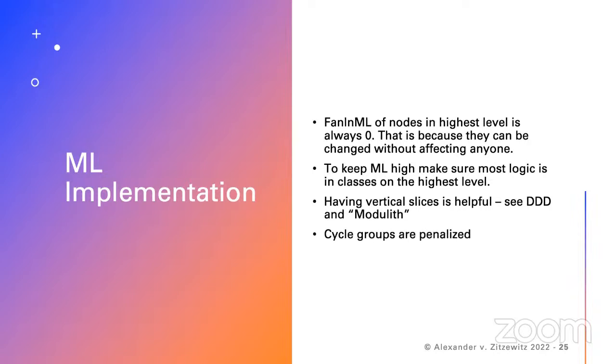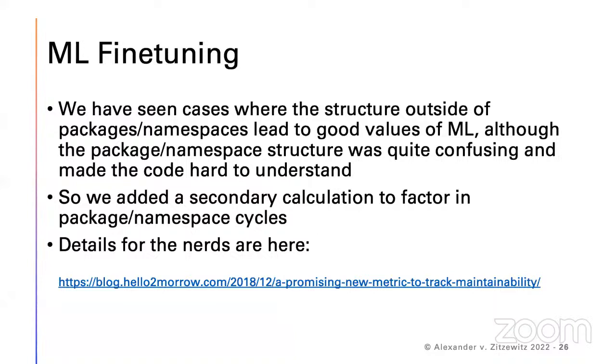Then we add some additional stuff in the metric. I have an article about it, and I will put the link up in a second, where we have all the details about the implementation. Basically, we add some penalties for cycle groups. We had to do some fixes to the metric, because the metric by itself wasn't perfect yet.